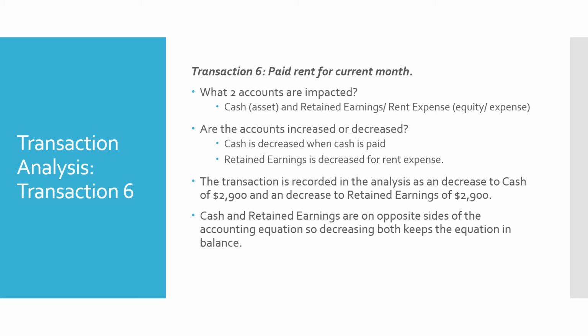We are paying out cash, so our cash account is going to decrease. And while revenues increase retained earnings, expenses decrease retained earnings, so the other part will be to decrease retained earnings, in this case by $2,900. So we're going to decrease cash by $2,900 on one side of the accounting equation and decrease retained earnings by $2,900 on the other side of the accounting equation.